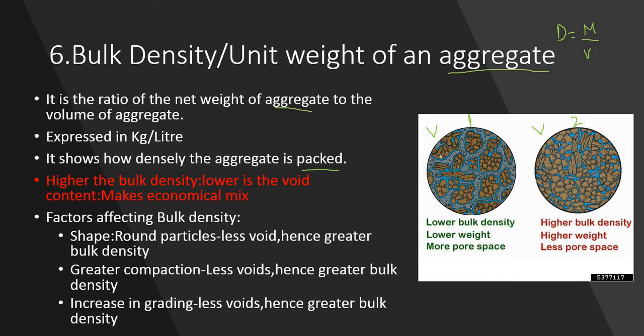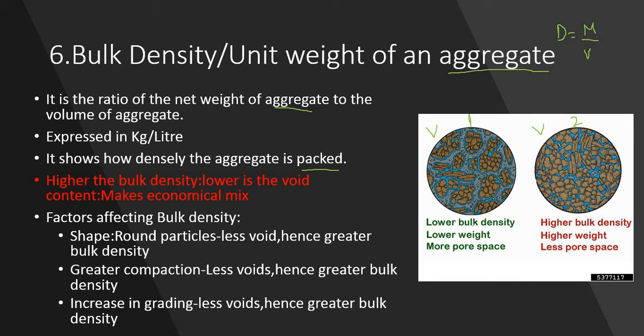Here you can see that the aggregates are loosely packed, right? And can you see the spaces? These are all gaps, or you can say voids. All the places not occupied by aggregates are the gaps, or we call them voids. Here you can observe that there are more voids, whereas here, with the same volume, the voids are comparatively lesser. So voids are more in diagram 1 and lesser in diagram 2.